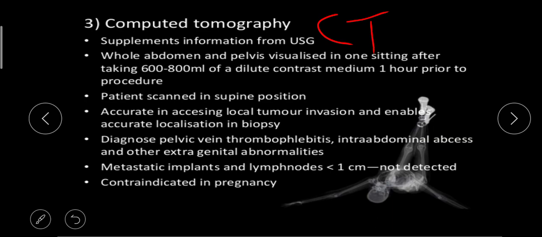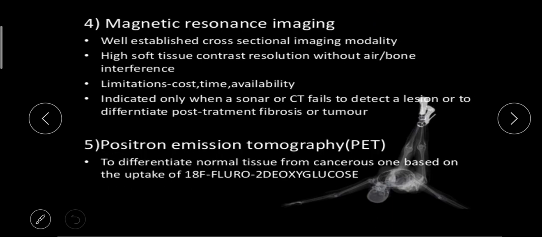Next one is computed tomography, in short CT scan, to find out any type of tumor, what the size of that tumor is, and how much it has spread. We can identify that through a CT scan. Next one is magnetic resonance imaging, in short MRI, and one more is positron emission tomography, PET.